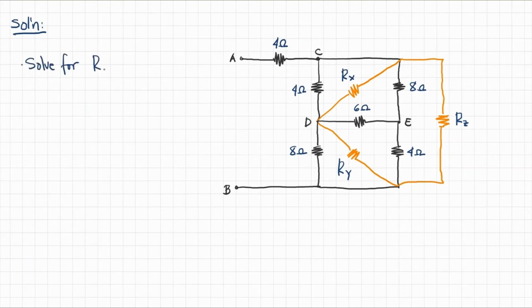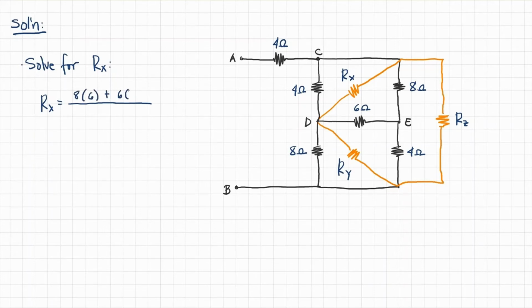So first, we have to solve for Rx. Using the formula, since Y connected ito, the formula is to multiply the resistances two at a time and get the sum of it.